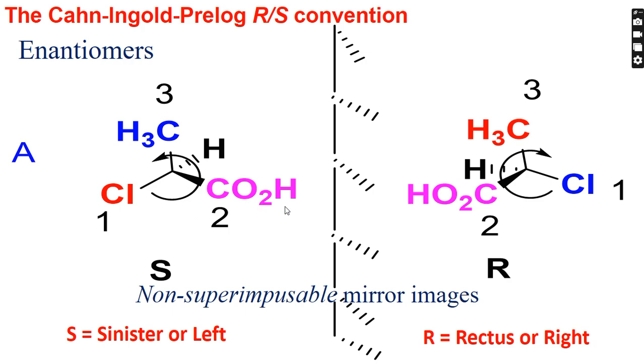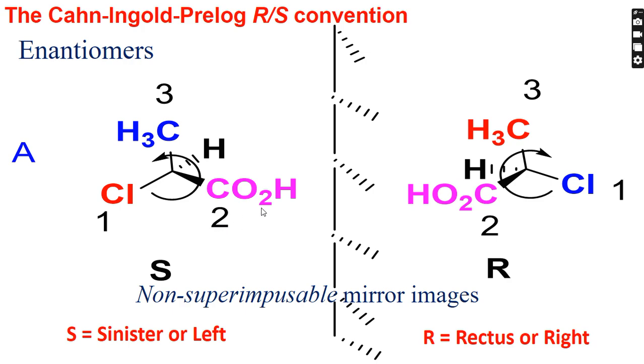Why? Because after chlorine, the atom with the higher atomic number is carbon. But in CH3, after carbon there are hydrogens, whereas in CO2H there are two oxygens attached to the carbon. Since oxygen has a higher atomic number than hydrogen, CO2H gets the higher priority.